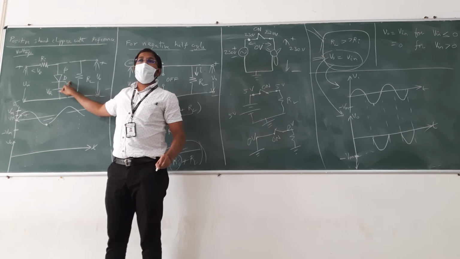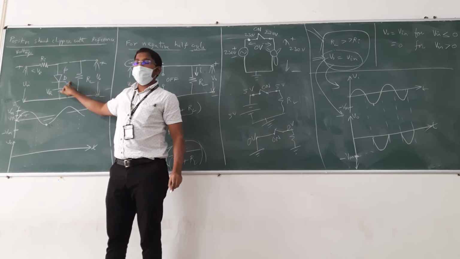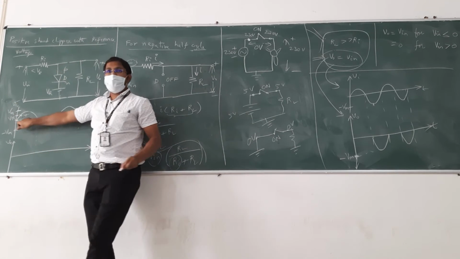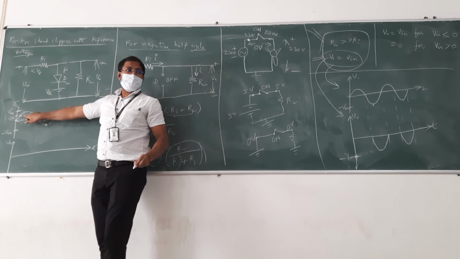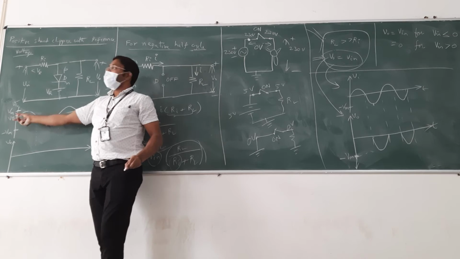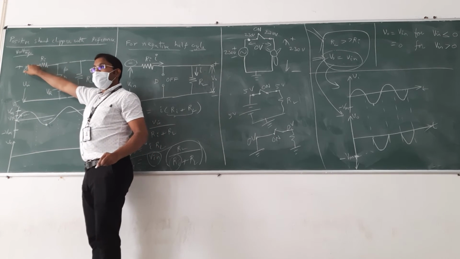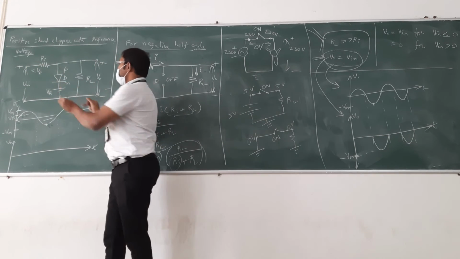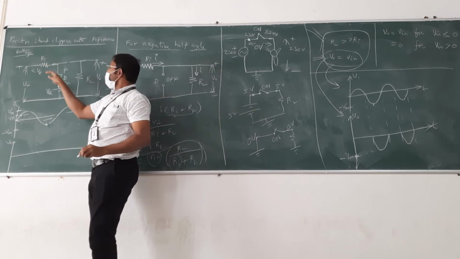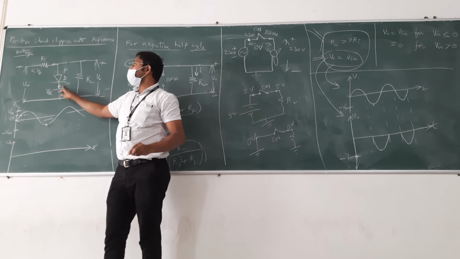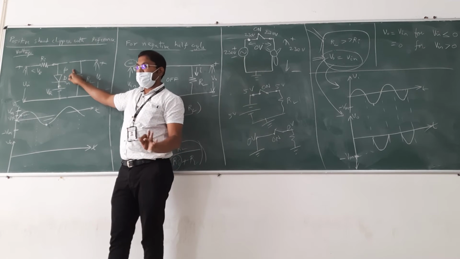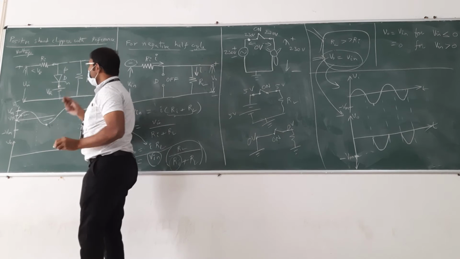So diode will be what bias? From here to here, input voltage is less than or equal to VR. So the voltage at the P side is less. Diode will be what, on or off? Off. Okay, diode off.